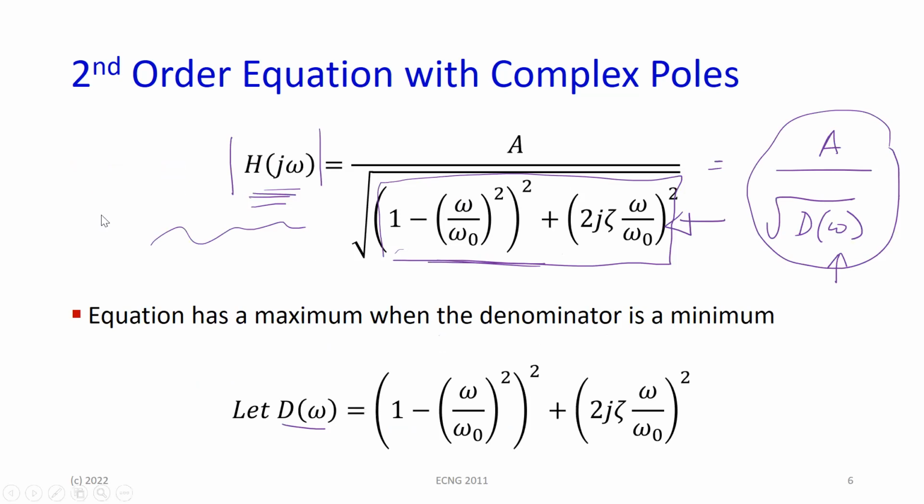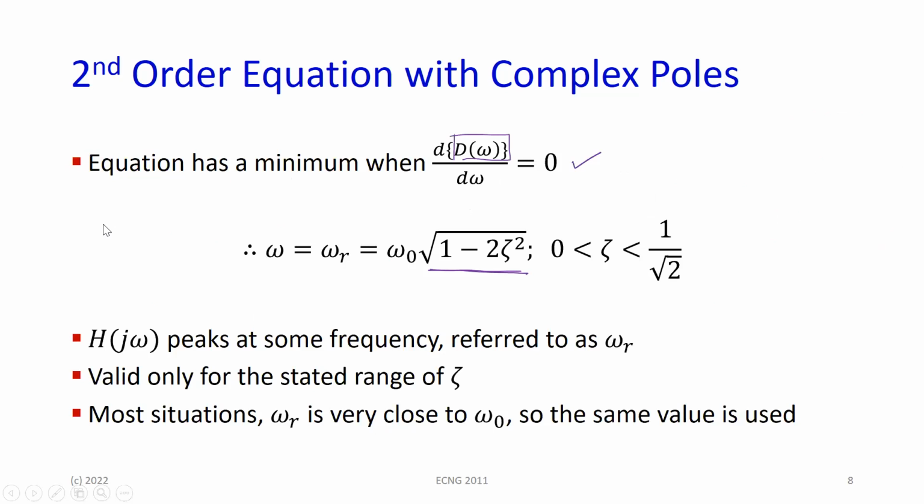So at that particular frequency, omega 0 times the square root of 1 minus 2 zeta squared, the frequency response, and we call this omega r, but you'll see in a second what that is, goes up to some maximum, H(j omega) max. We'll see what the value is in a second.